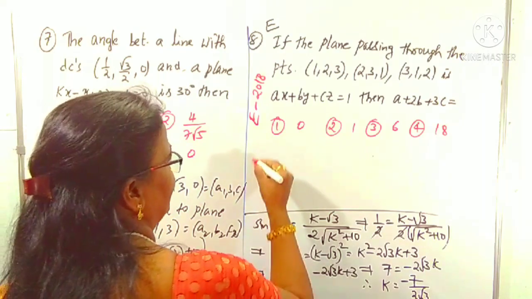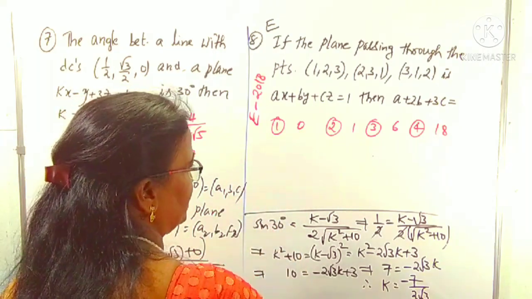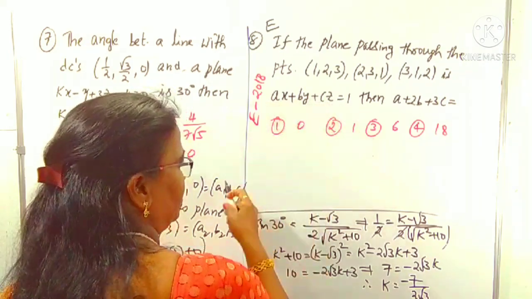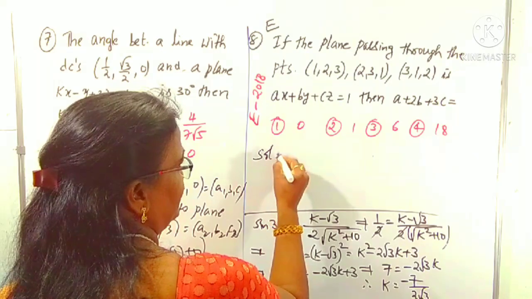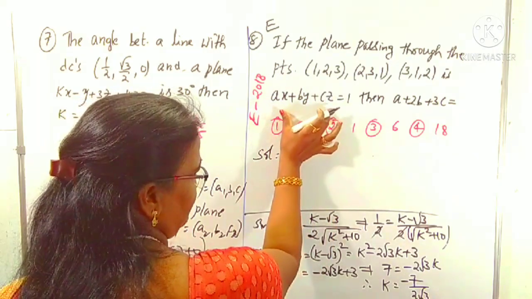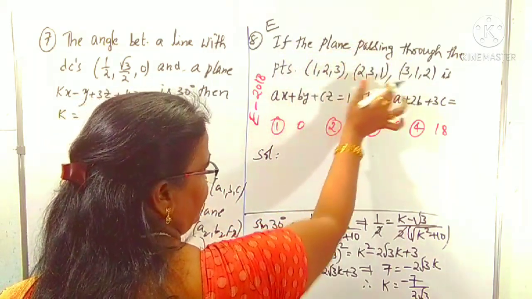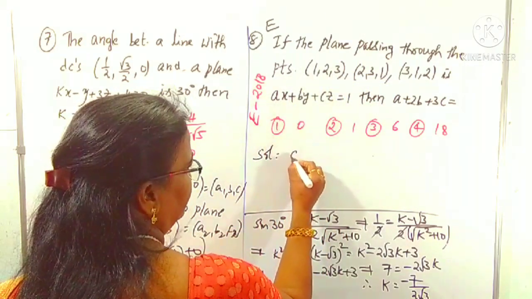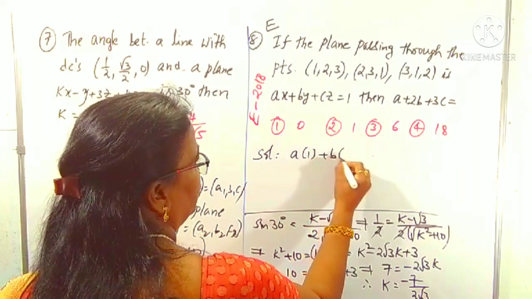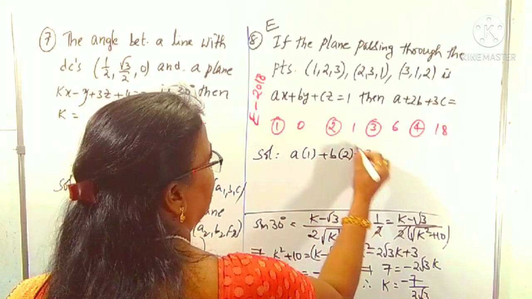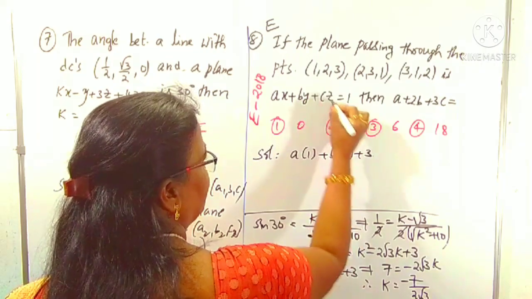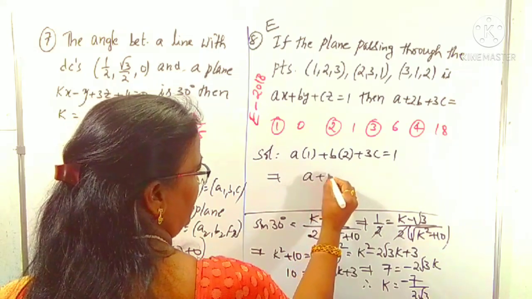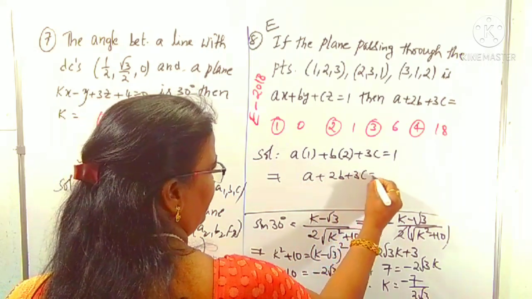What hint did I give in the previous question? We can just use options verification. But the plane equation is given in the question itself. So we can use the first point in the plane equation because the plane is passing through all 3 points. I substitute the first point in place of x, y, z: a into 1 plus b into 2 plus 3 into c, that is 3c, equals 1. That means a plus 2b plus 3c is 1, exactly what we want.